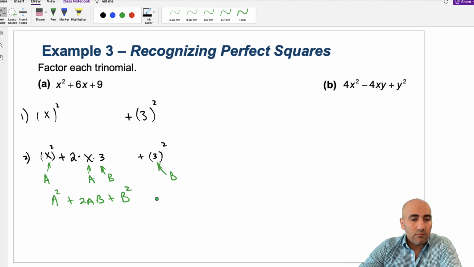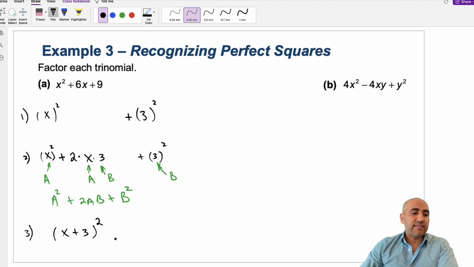So remembering our pattern, we know that this is equal to a plus b, parentheses squared. So I know that this factors as, my final answer, x plus 3, parentheses squared, just because it fits that form. And you can always double check it after that.